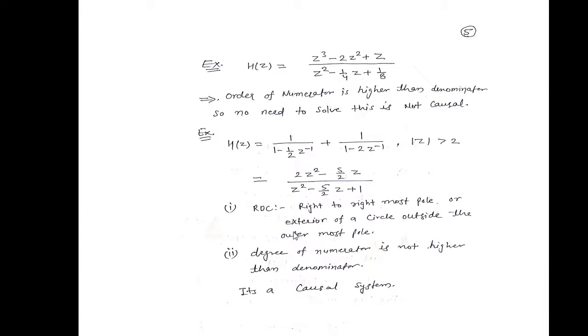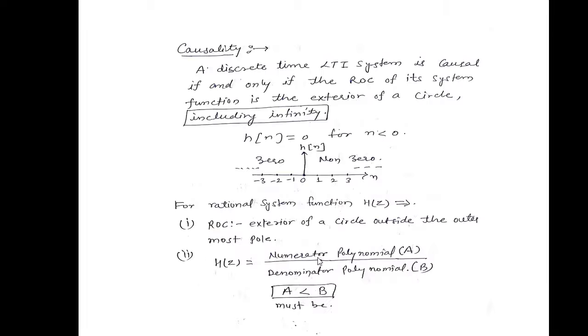So the first condition is satisfied, that the ROC is exterior to the outermost pole. The outermost pole is 2. The degree of the numerator is not higher than the denominator. There was a condition that the degree of numerator polynomial a must be less than or equal to the degree of b. It must not be greater than the degree of b.